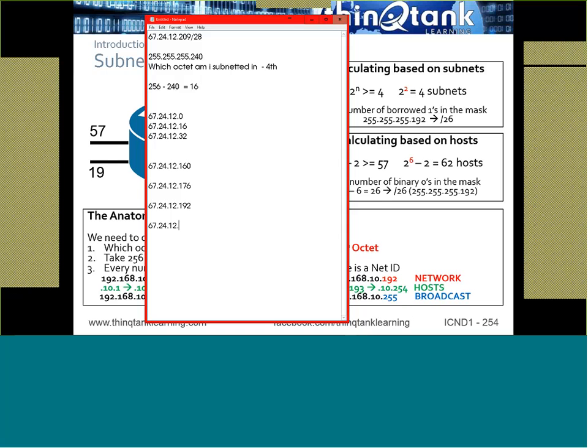Guess what we just found? Our network ID. And the next one is 16 plus 8, 224? You sure about that? Yes. Right?